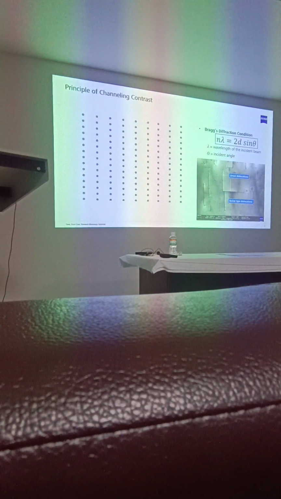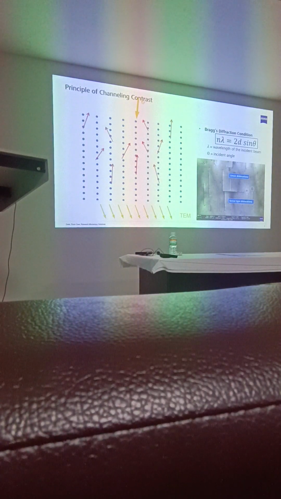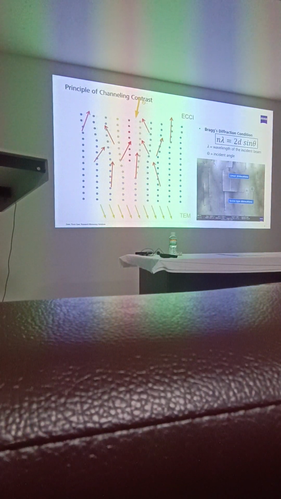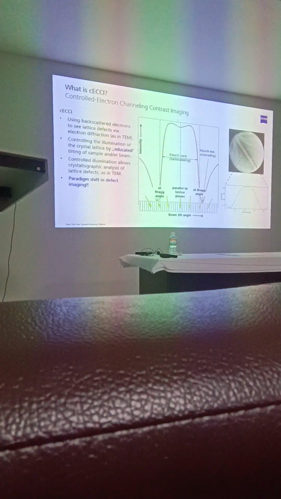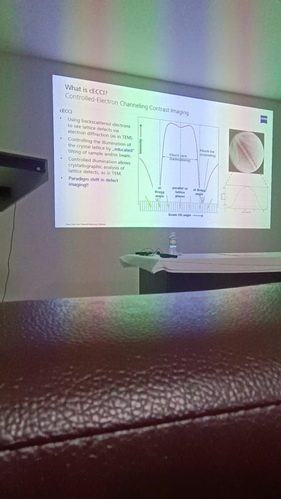As industry metal players, we want to know what kind of dislocation it is: linear, screw dislocation, stacking fault, grain boundary, twin grain boundaries, and so on and so forth. So again, I will skip all this. We don't want to go into detail of how the grains, the faults and dislocations form, but the fundamental of cECCI, we have discussed these Kikuchi patterns, right?